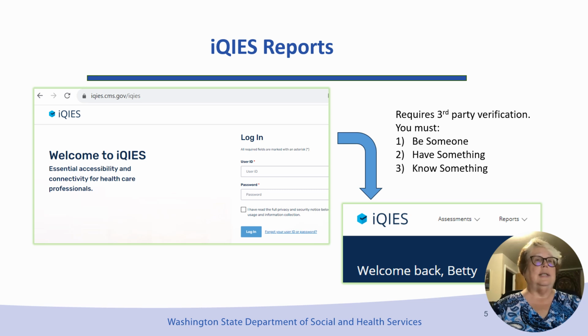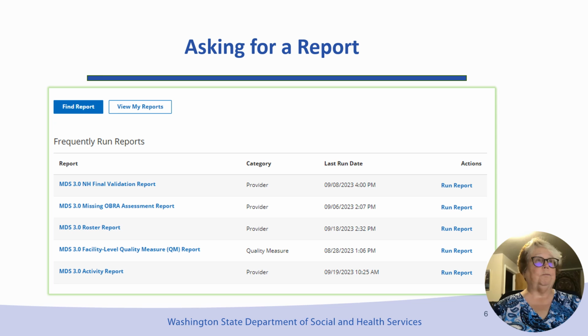Once you get in, you're going to see this banner across the top with this logo with a little box that says iQIES, and it's going to recognize you by name. When you ask for a report, you can ask for a report by using the drop down on the top of the banner.